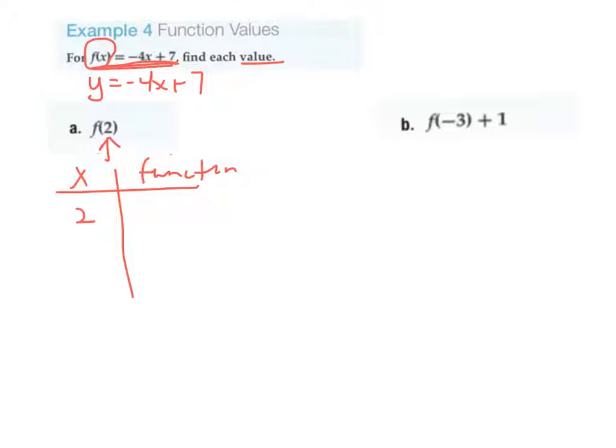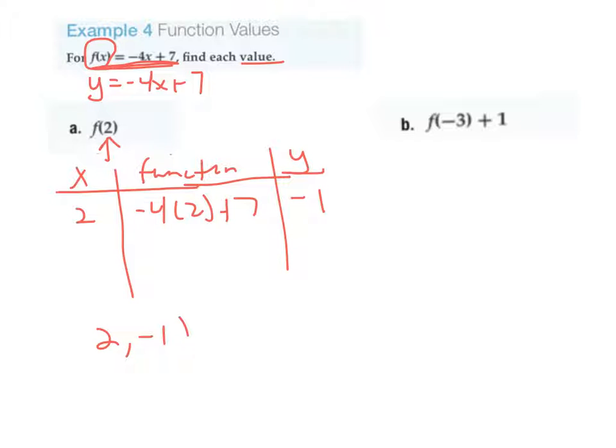So we're going to use 2 to substitute, and that gives us the y. So -4 times 2 is -8 plus 7 is -1. So our answer is -1.